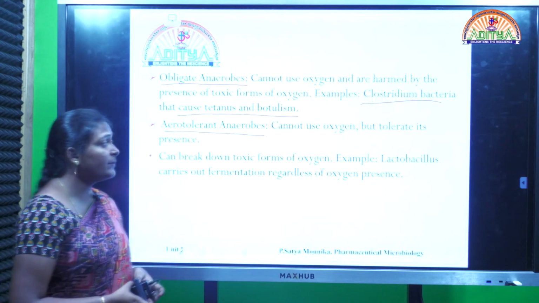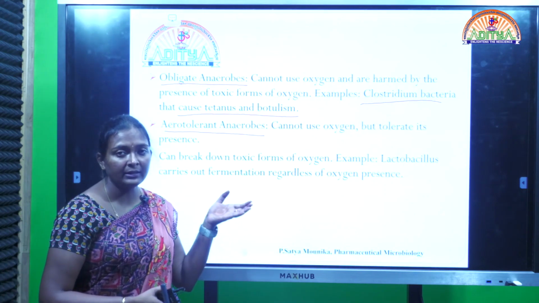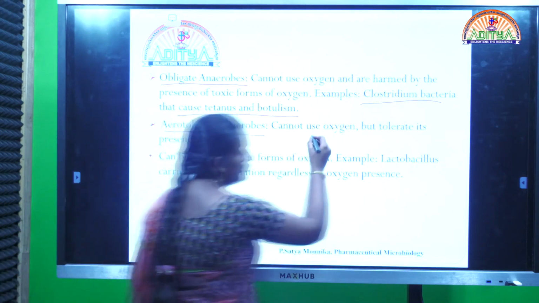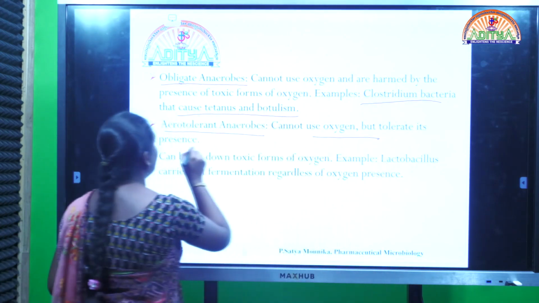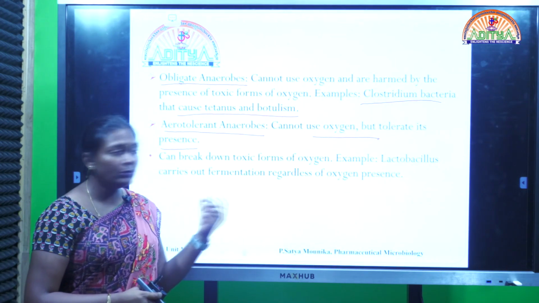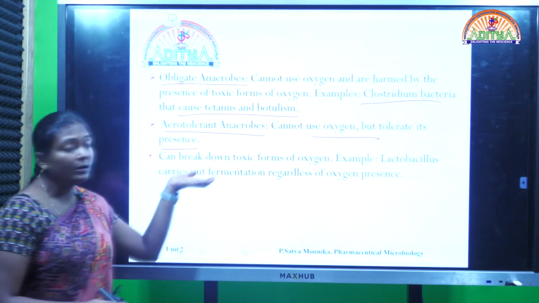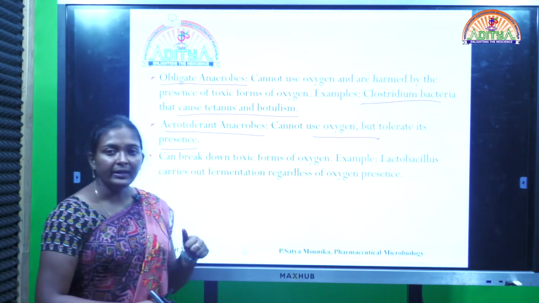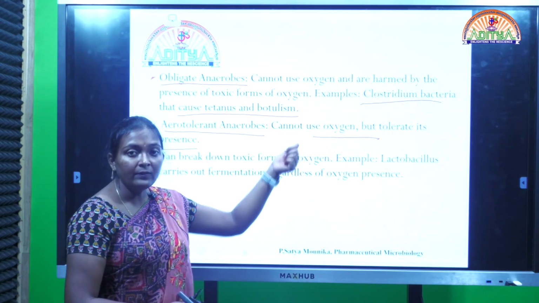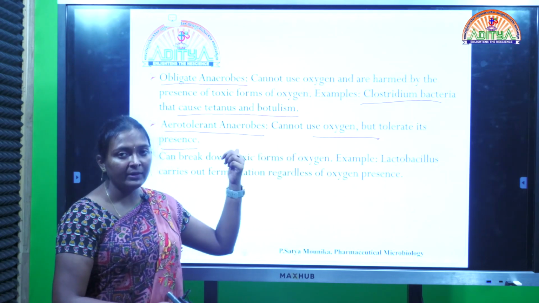Now the last bacterial class is the aerotolerant anaerobes. They cannot use oxygen, but tolerance is present. What is the difference from the facultative anaerobes? Even if oxygen is present, it does not harm them.